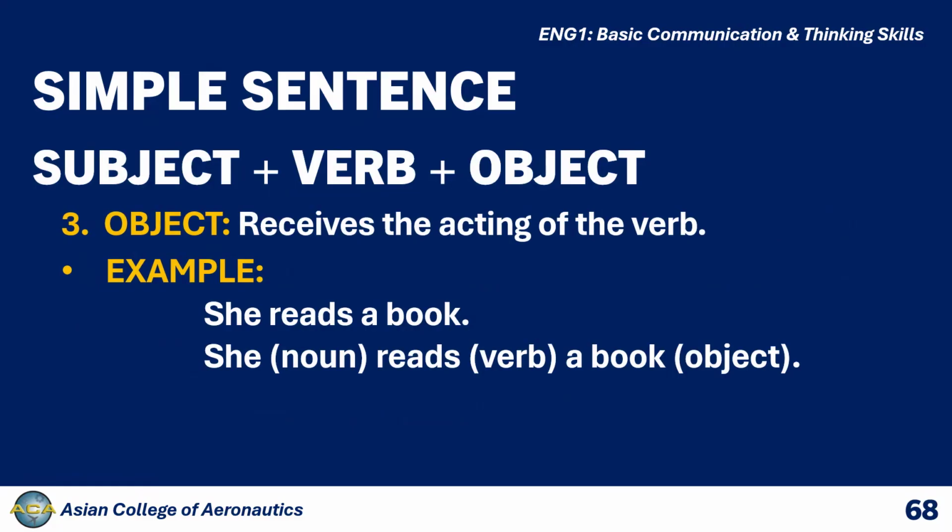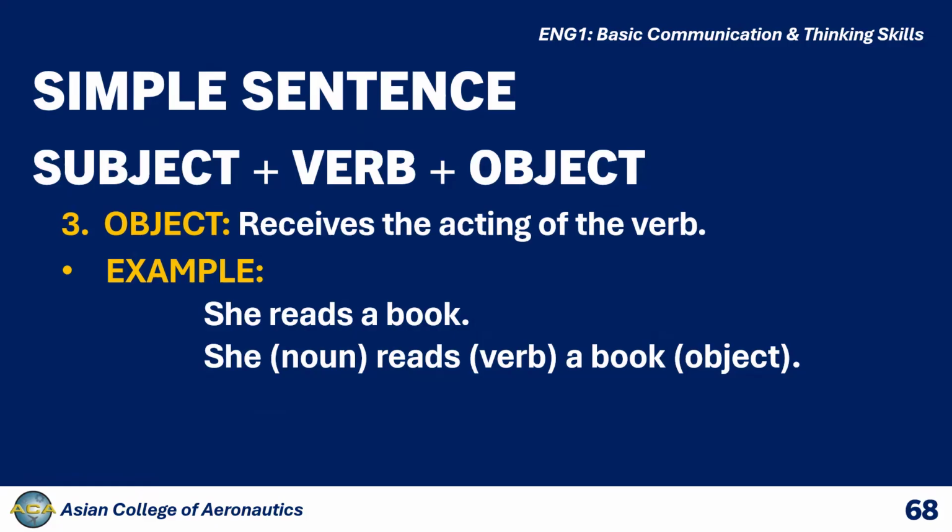The object is the receiver of an action. It receives the action of the verb. A simple sentence is built around a subject and a predicate, but it can also include an object. An object is the receiver of the action.